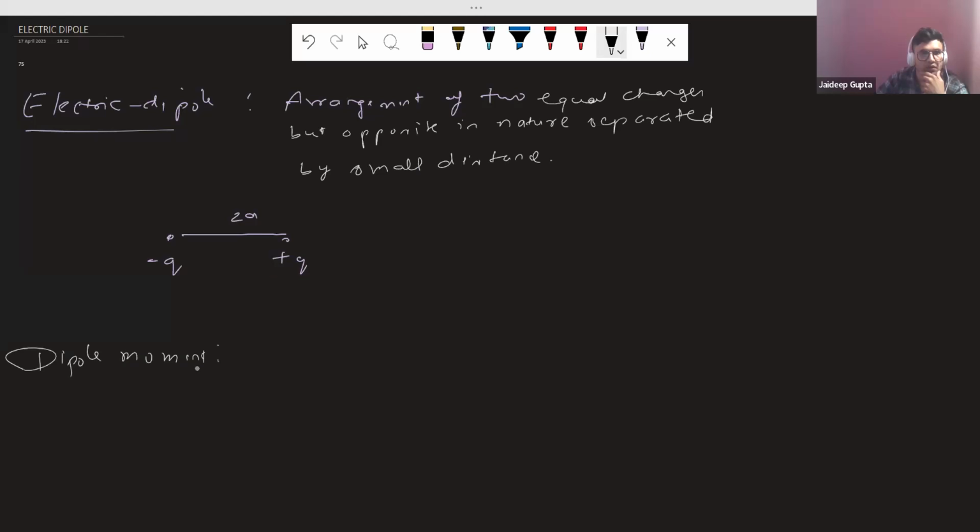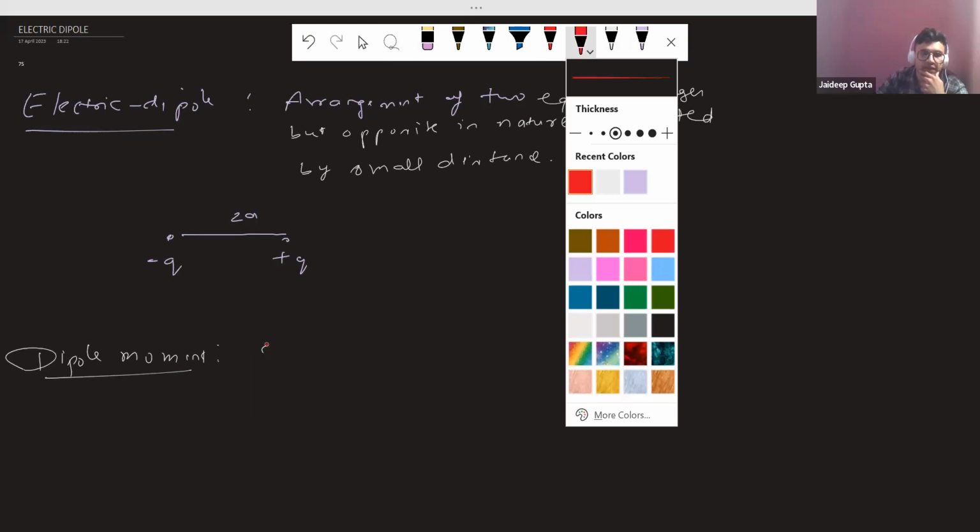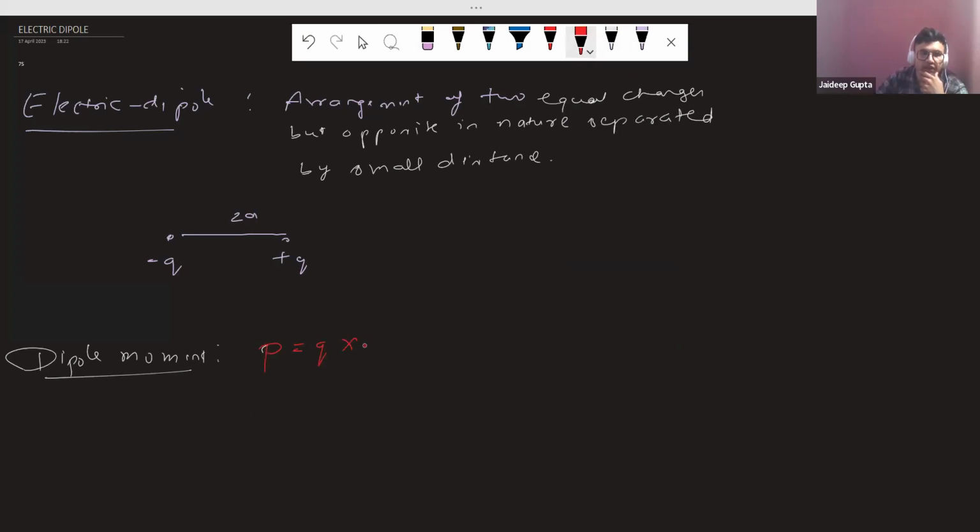dipole moment. Now dipole moment is basically denoted by P. It is defined as the product of the magnitude of either of the charges by the separation between the charges.